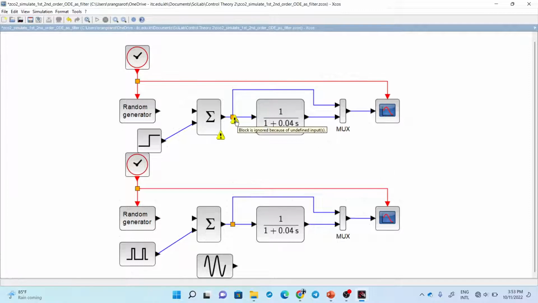What does it say? Block is ignored because of undefined input. Undefined input, why?